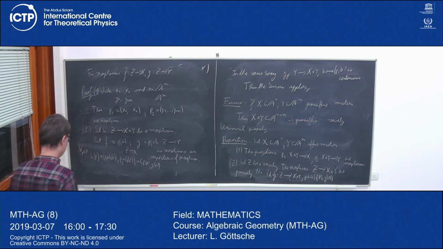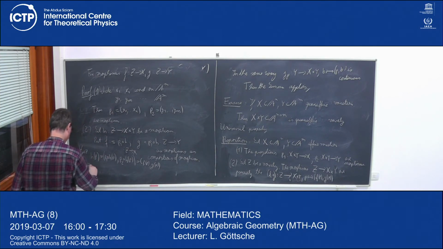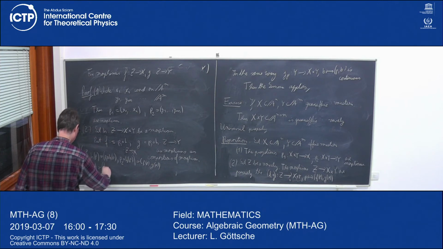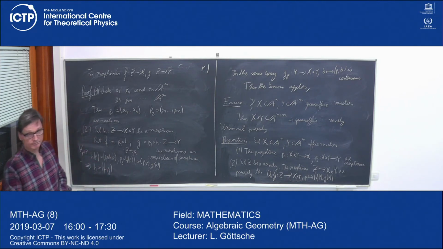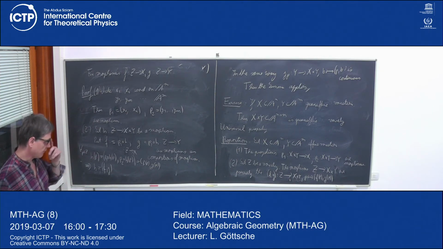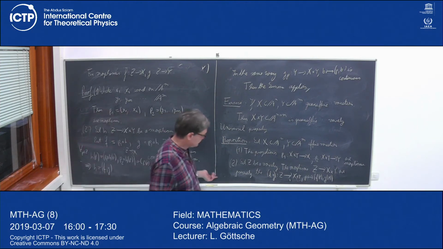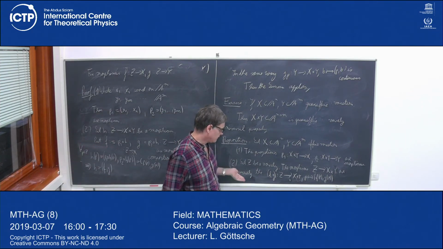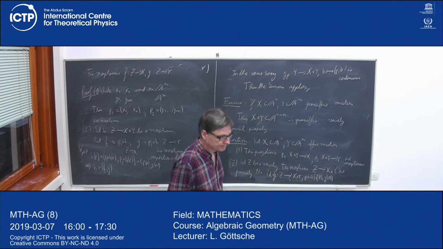Okay, so that means h is equal to this morphism (f, g). And conversely, now we have to see that if we have two morphisms f and g, from Z to X and Z to Y, then this thing is a morphism.